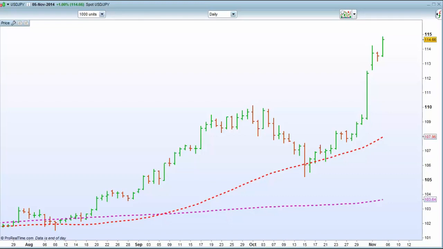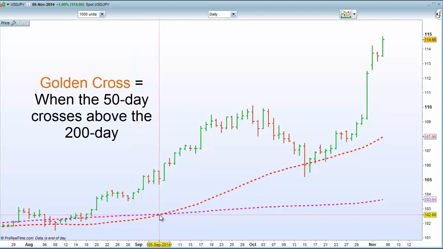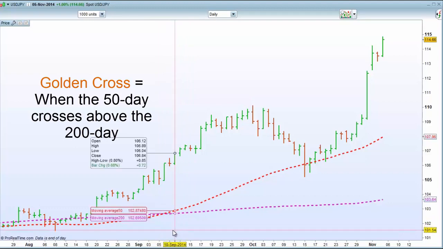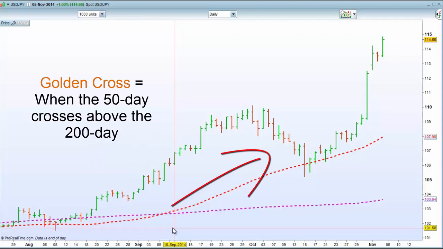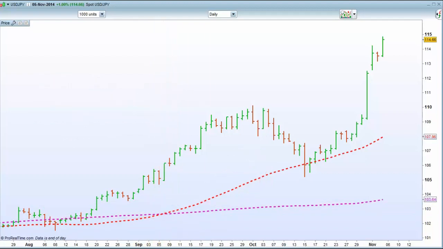Now I couldn't mention the moving average crossovers without mentioning two common terms that are used for this crossover. When the 50-day moving average crosses above the 200-day moving average, that is called a golden cross and is considered a bullish indication for the market. So this cross here is a bullish indicator and it's called a golden cross.